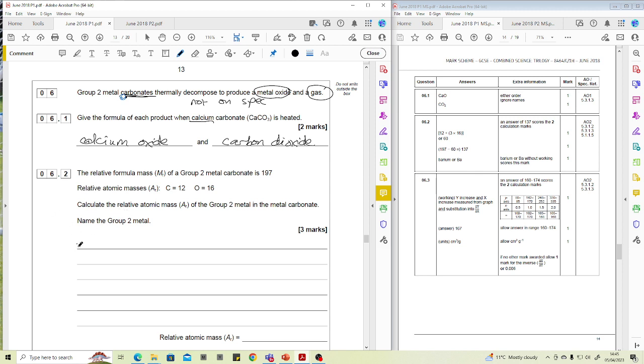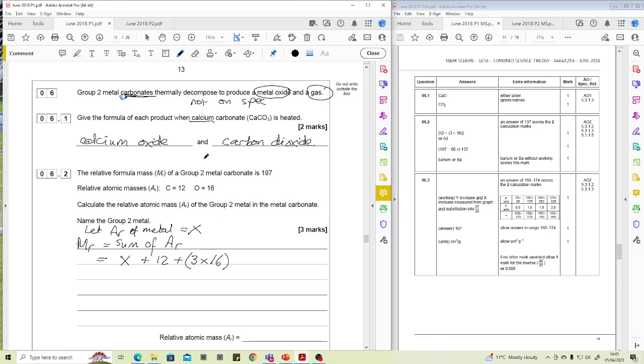So the relative formula mass, Mr, equals sum of Ar, okay, equals, so let's say let Ar of metal equal X. Okay, and so we can say that if it's a metal carbonate, it's in group 2, there's going to be one metal plus one carbon plus 3 times 16 for 3 oxygen atoms.